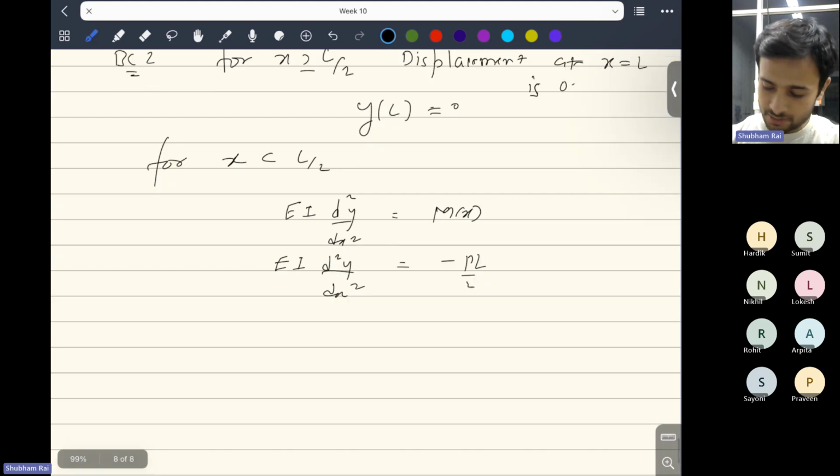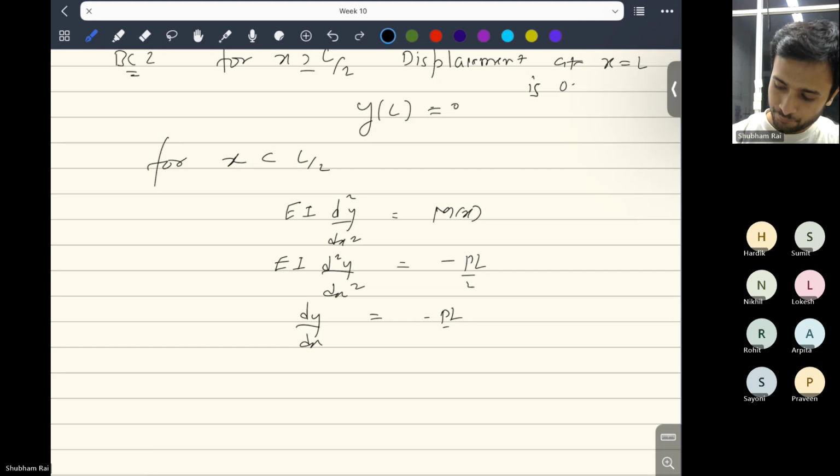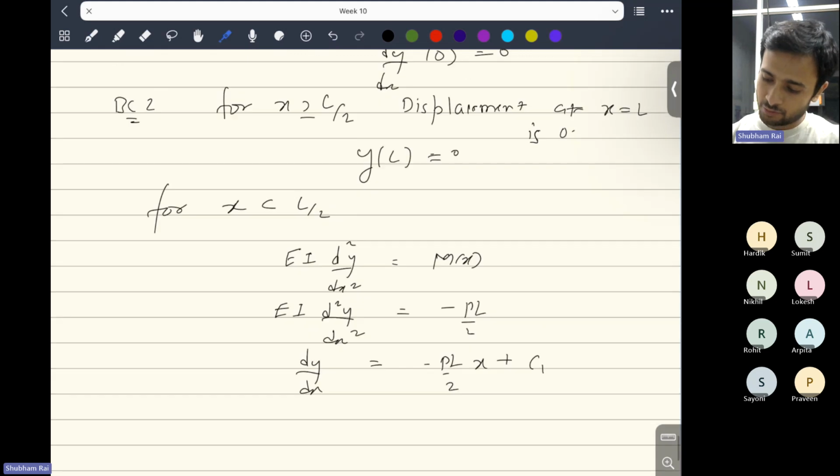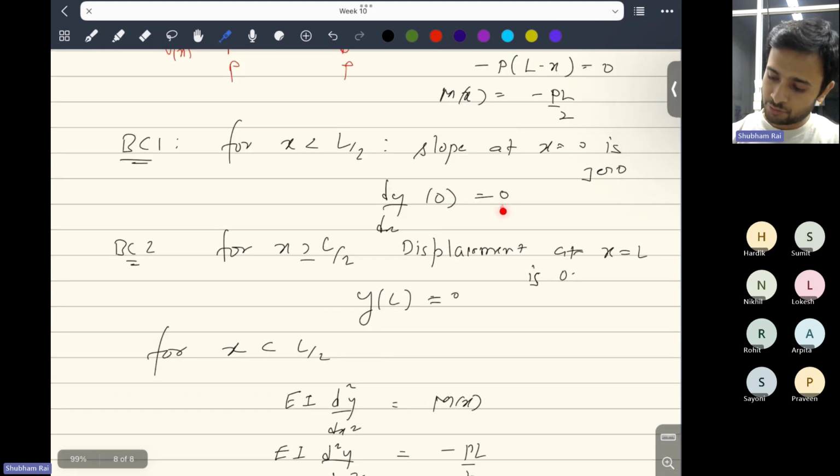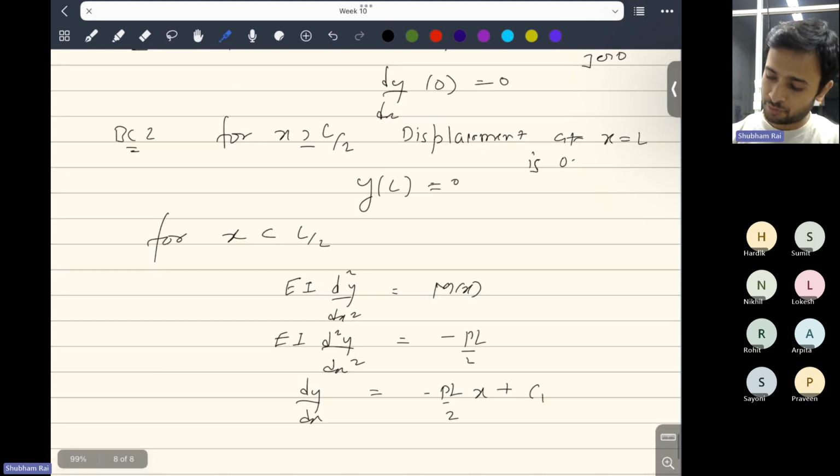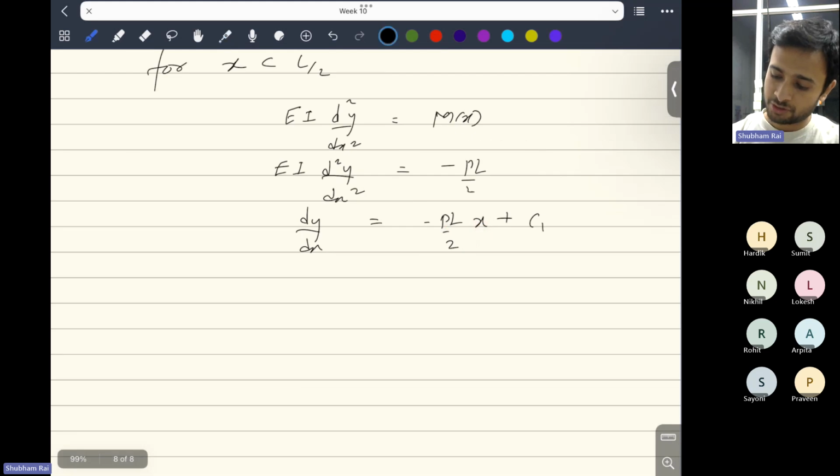Now if you integrate once, you'll get dy by dx equal to minus of PL by 2 into x plus c1. And if you satisfy the boundary condition that at x equal to 0 your dy by dx will be 0, so if you put x equal to 0 here, it means your c1 will be 0, right? Because this term will vanish at x equal to 0.